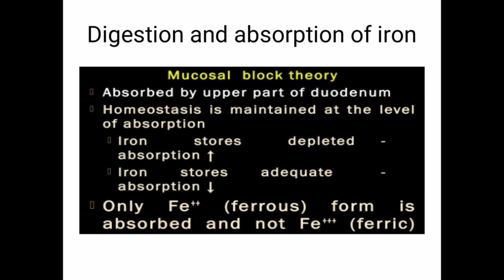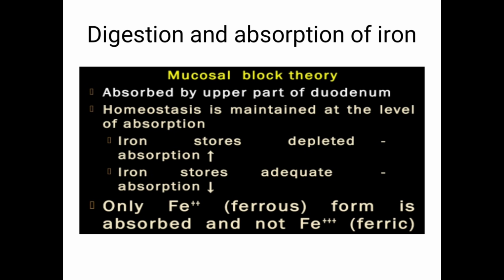This mucosal block theory says iron is absorbed by the upper part of the duodenum, and homeostasis is maintained at the level of absorption.